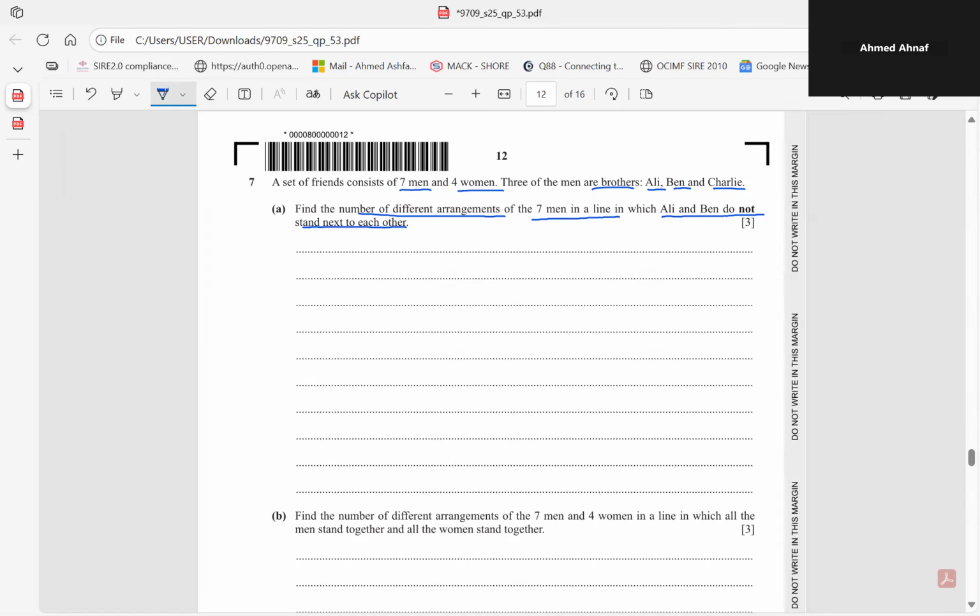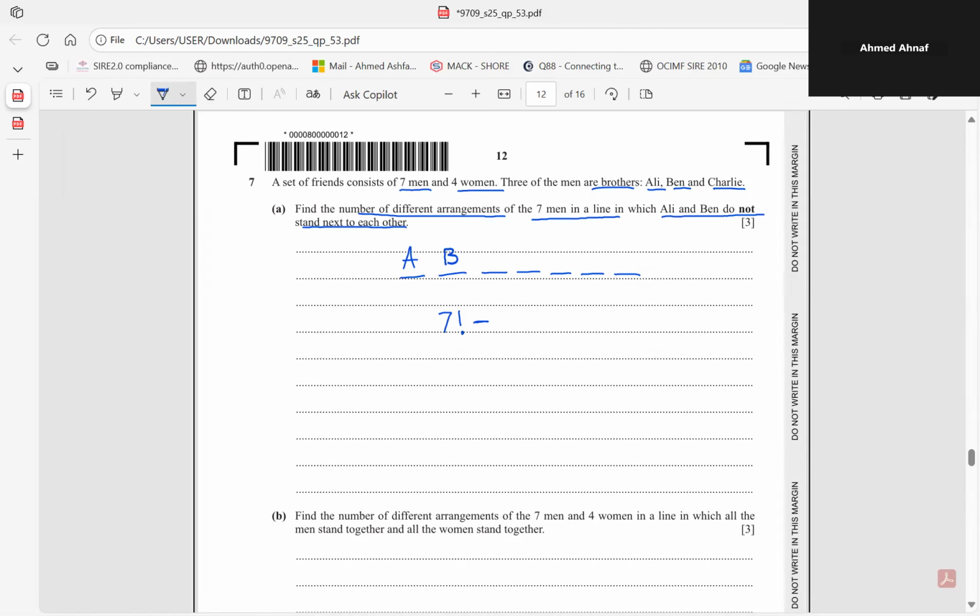First of all, let's find the total number of different arrangements with no restrictions. That would just be 7 factorial. Then you subtract the number of arrangements where Ali and Ben do stand next to each other. So let's draw 7 slots, and put Ali and Ben together as 1 slot.